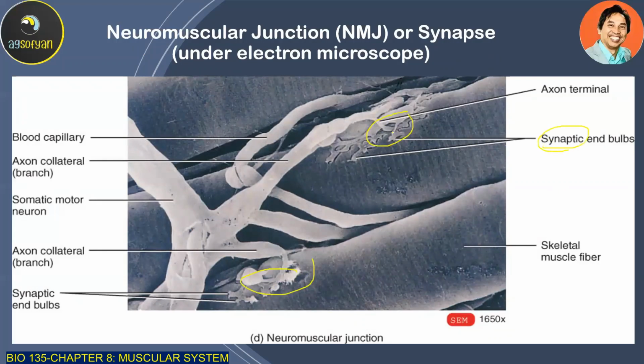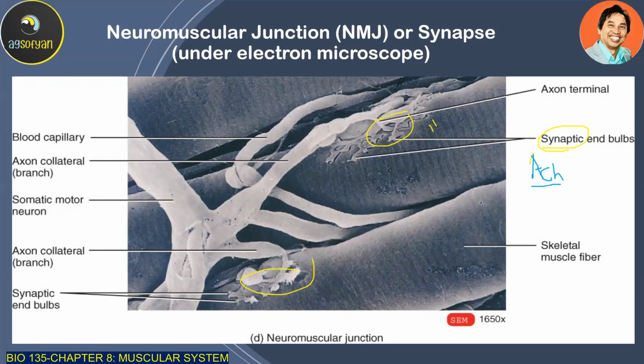Okay, so the area between the motor neurons and the muscle tissue. In this synapse, this motor neuron will be releasing its neurotransmitter. It's called acetylcholine or ACH.